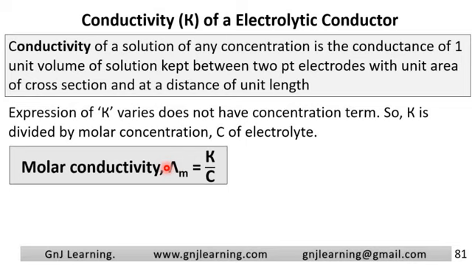It is also used for various other purposes, but the main one you have seen is small lambda as a symbol to represent wavelength. Here molar conductivity is expressed using uppercase lambda with a subscript of m to show that it is molar conductivity.